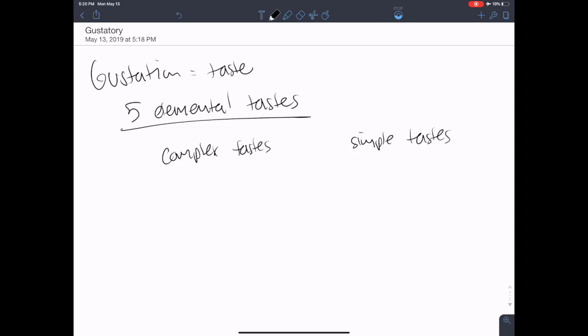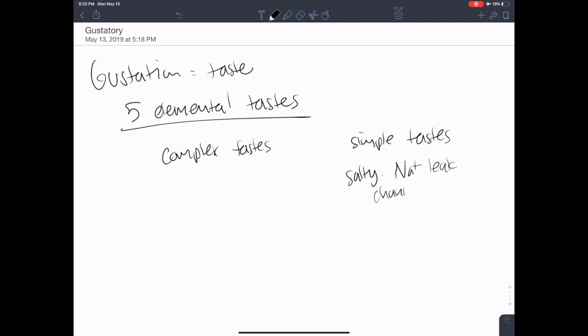Basically what this means is the protein that transduces this is just an ionotropic receptor. So for salty, we know salt is sodium chloride, right? So for salty, the receptor is just a sodium leak channel.